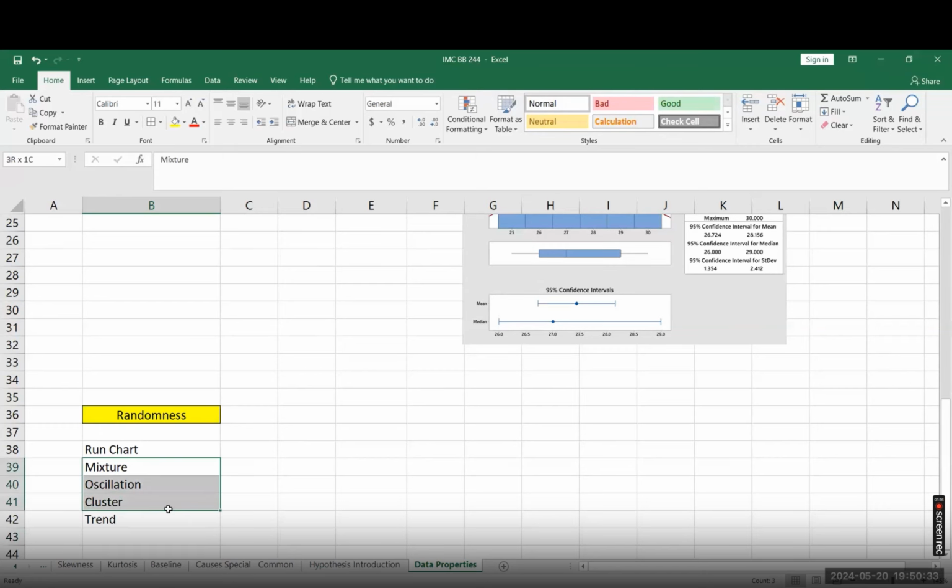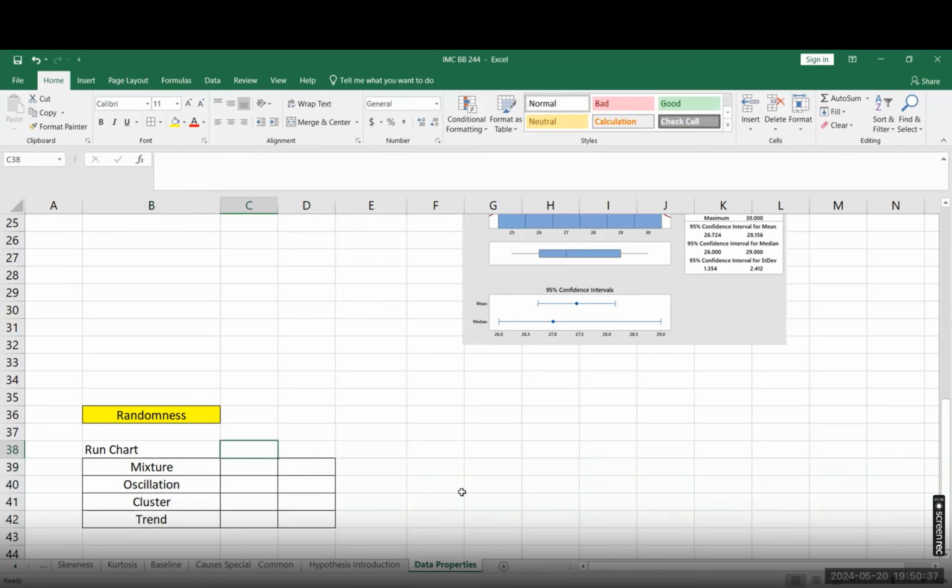I will say that my data is randomly distributed when the p-values for mixture, oscillation, cluster, and trend are all greater than 0.05. Then the data is random.